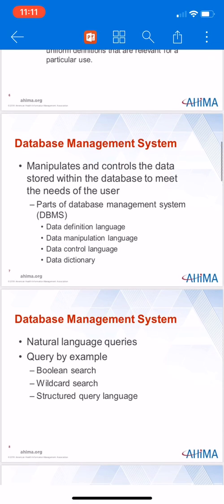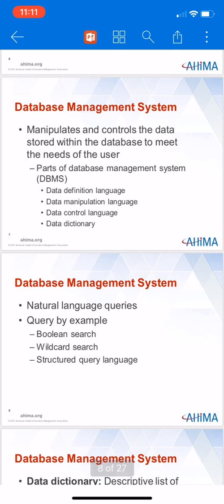Then we have queries by example, and we have a couple of different ones to cover here. So a query by example is a query method whereby the user only has to point and click to choose tables and fields contained in the database. The information system then allows the user to choose whether the entries that meet those criteria should be included or excluded from the query.